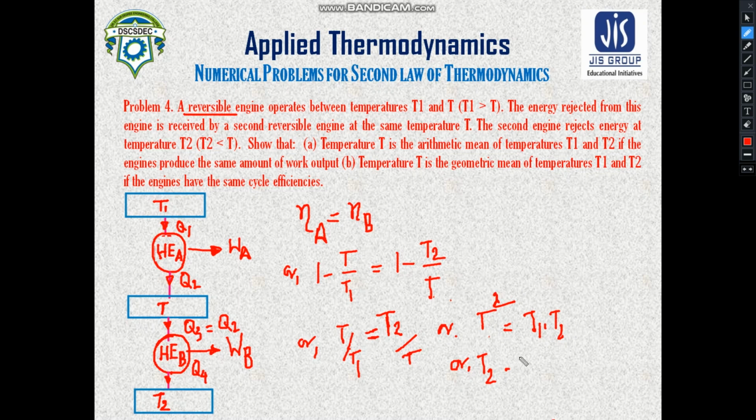It will be T square, not T. So this T would be written as the geometric mean of T1 and T2. So when the two engines have the same efficiencies, then it is easily proved that the temperature T would be the geometric mean of the temperatures T1 and T2.